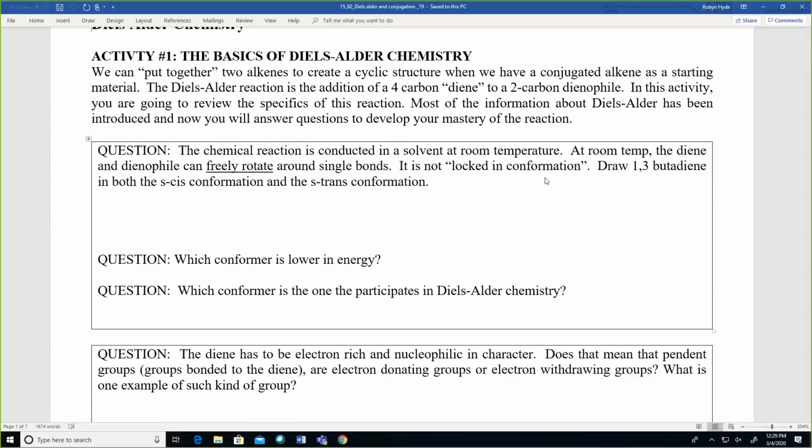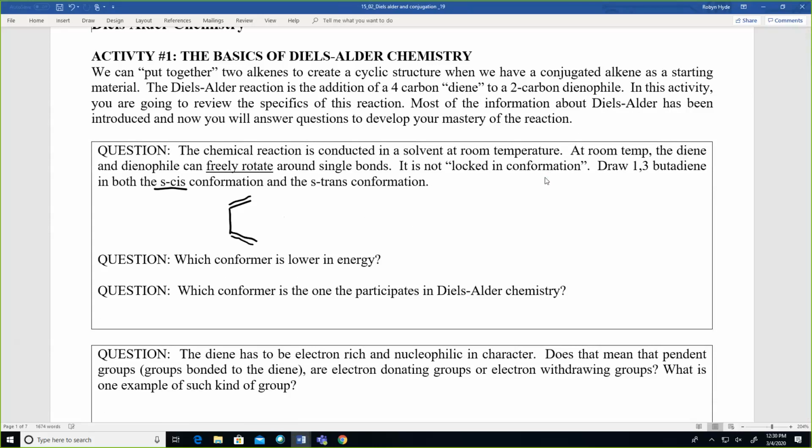Okay, so what does S-cis look like? So I have a single bond, and then where are those two double bonds? Cis means same, which is the same as like zusammen, right? So same side, and so S-cis looks just like that.